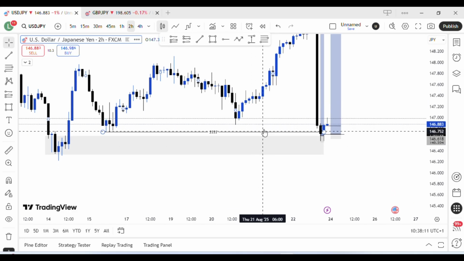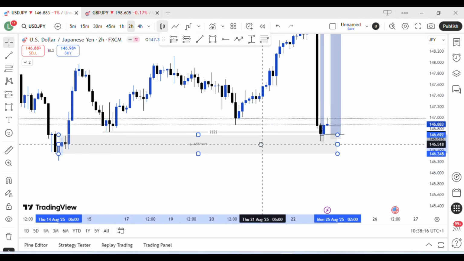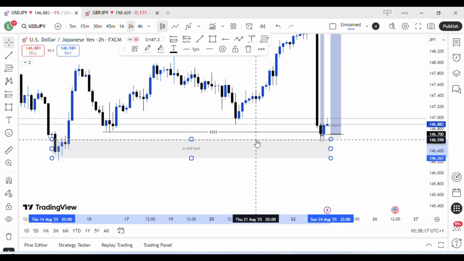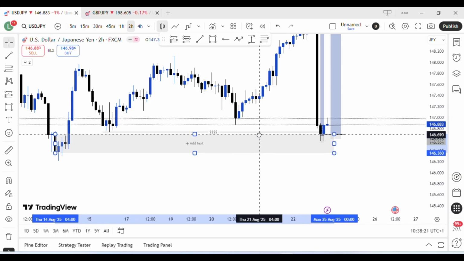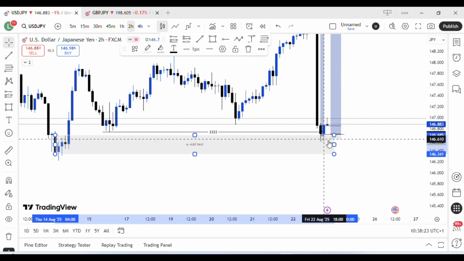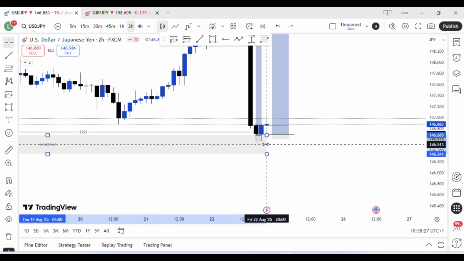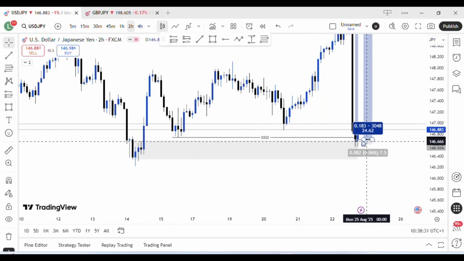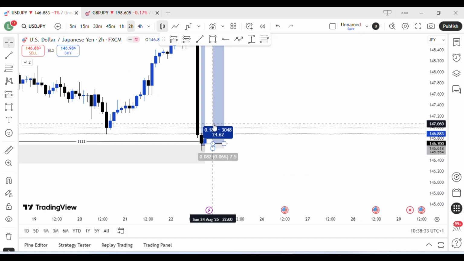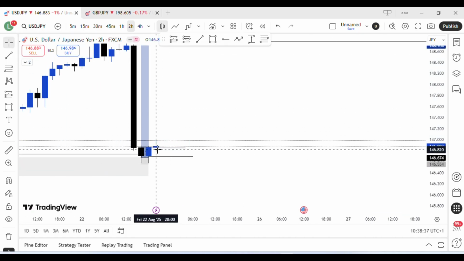If the market should break this bar, I'm going to be finding a sell opportunity on that area. So that is it for USDJPY.